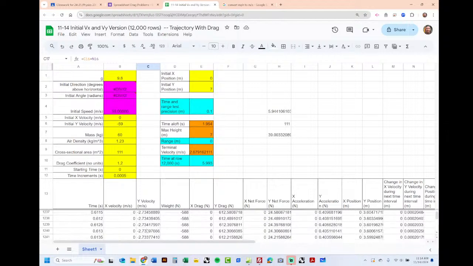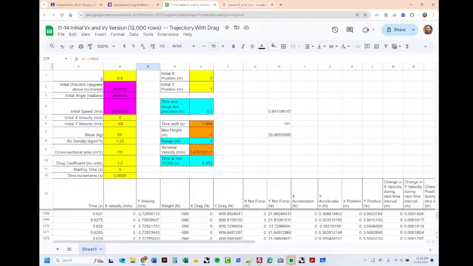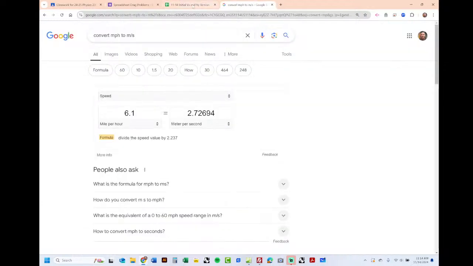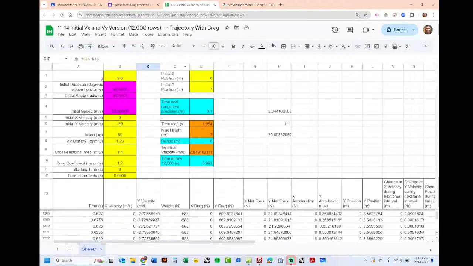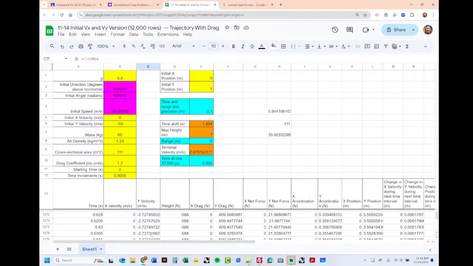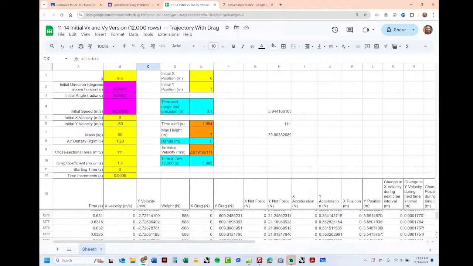No, I didn't pass it. 2.72 what? 2.727 or 694. Somewhere right around here. So 0.6315 seconds, less than 1 second to slow down to that speed if your parachute immediately opened to its full extent.